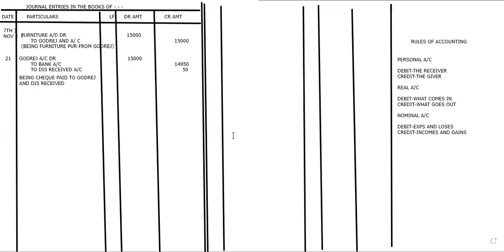So this is one important transaction in this one. And the next one, goods withdrawn for personal. For personal, what do we always say? I always say personal means always it is a drawing. So here, already I have told you, once again I'm telling, we are going to call it drawings account, debit.